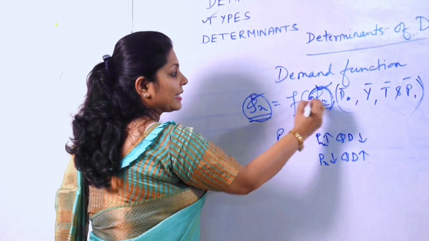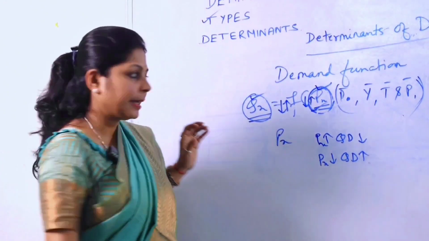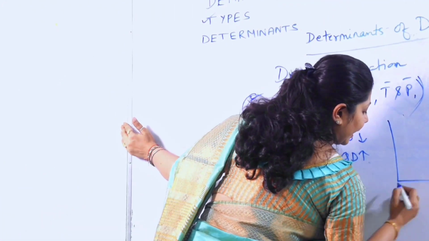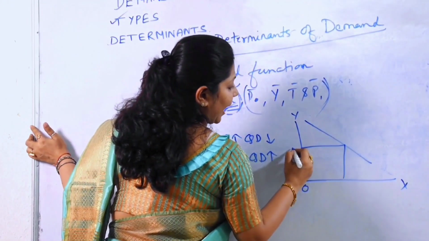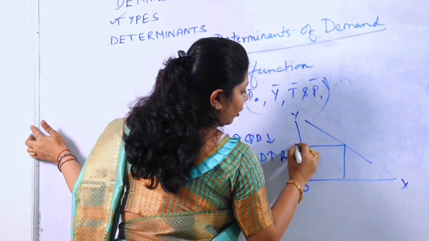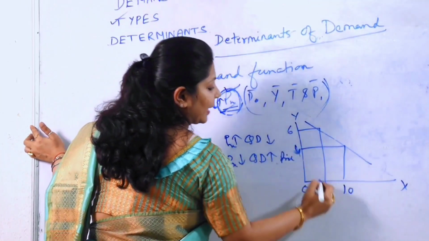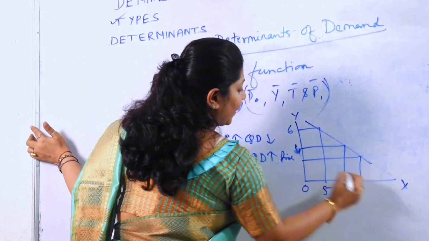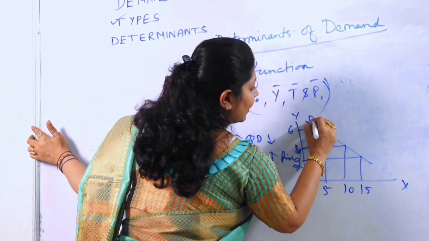When price increases, quantity falls. When price falls, quantity rises. So this can be illustrated with the help of this demand curve. As I explained earlier, when the price is 4, quantity demanded is 10. When the price is increased to 6, quantity demanded is 5. When the price is further decreased to 2, quantity demanded is 15.